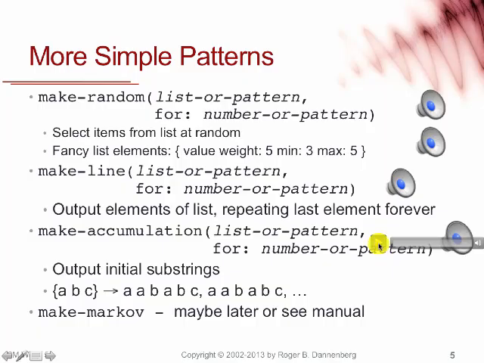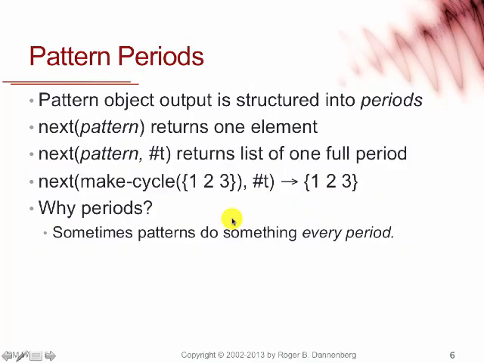Let's listen to an example. Another pattern that's fairly complex, and we'll talk about Markov models later, is make Markov. It's an implementation of Markov models, and you can read about the details in the manual.